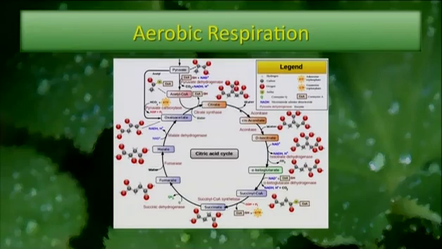It then forms another 6-carbon structure, and then another 6-carbon structure, and then a 5-carbon structure after it loses carbon dioxide. Then it loses another carbon dioxide to form a 4-carbon structure, and then another 4-carbon structure, eventually regenerating oxaloacetate.